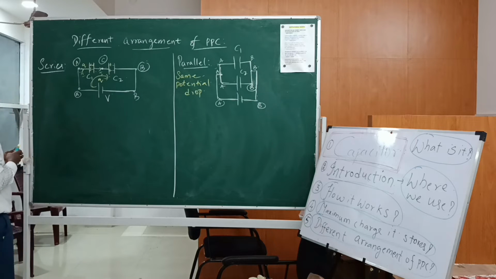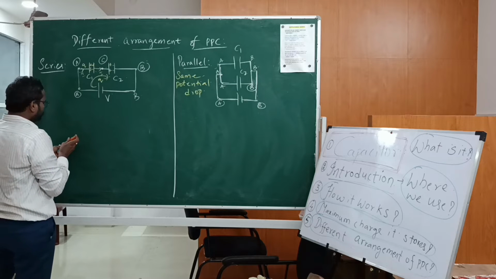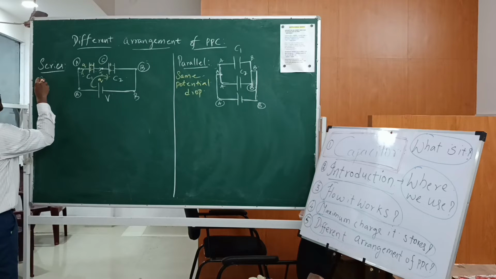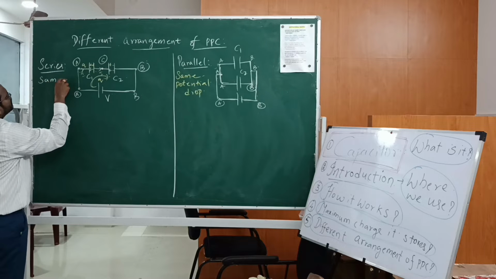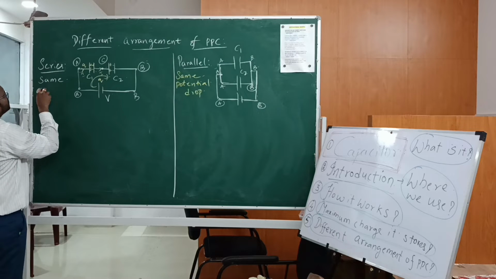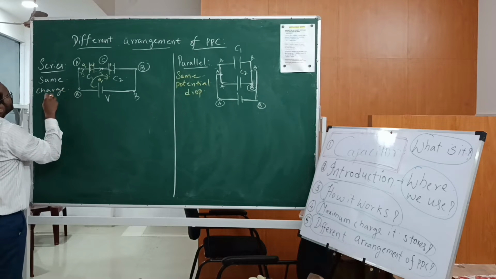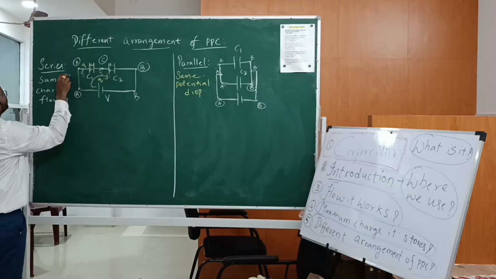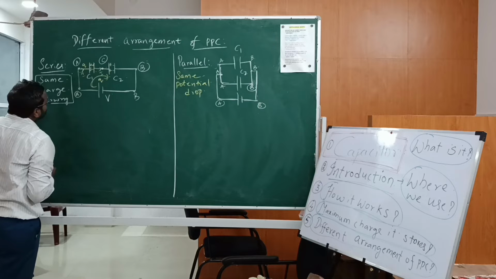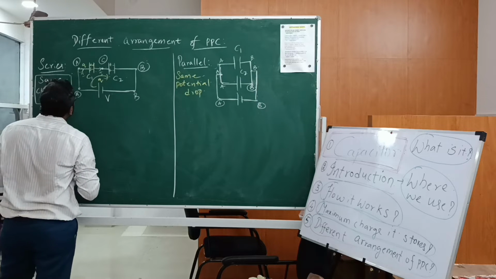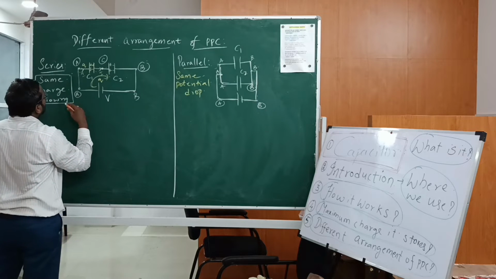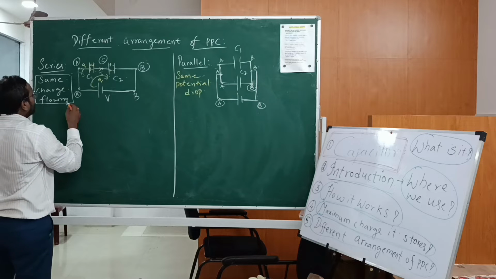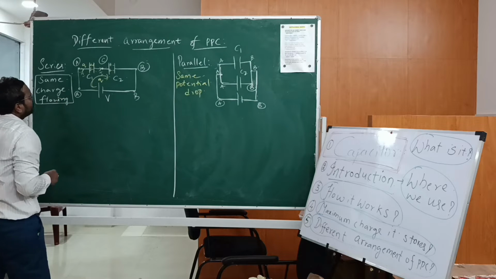Same potential drop in parallel, but here what is the same? The same charge is flowing throughout. Charge flow is current, so basically current is the same in series.